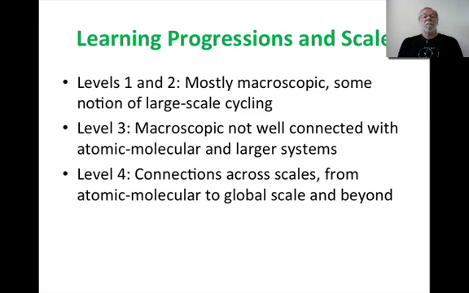One final note I'll make is that learning progressions involve understanding at different scales, that levels 1 and 2 are mostly macroscopic, with some notion of large-scale cycling, but more sequences of events than tracing matter and energy. Level 3 is aware of all the different scales, but not able to connect them very well. And only at level 4 do we see students reliably making connections across scales from the atomic molecular up to the ecosystem and global scale.